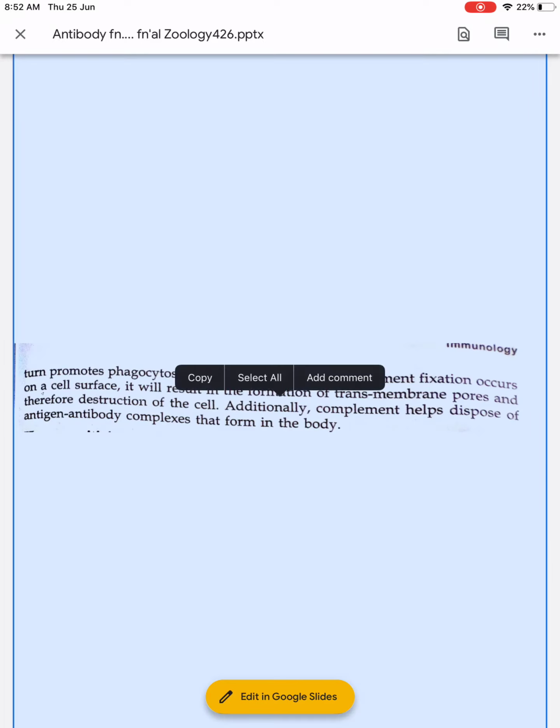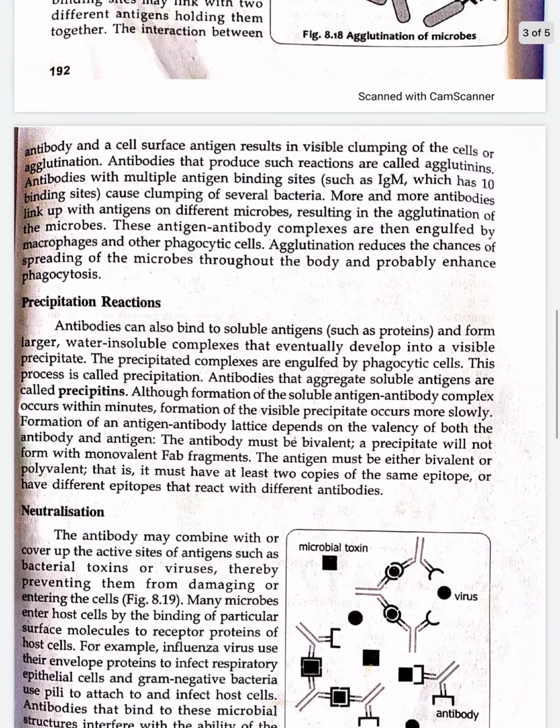Once the complement system is activated, they start releasing some chemicals, and those chemicals will cause holes on the surface of the antigen, and the membrane will be lost because of the formation of transmembrane pores. So these are the different functions of antibody.